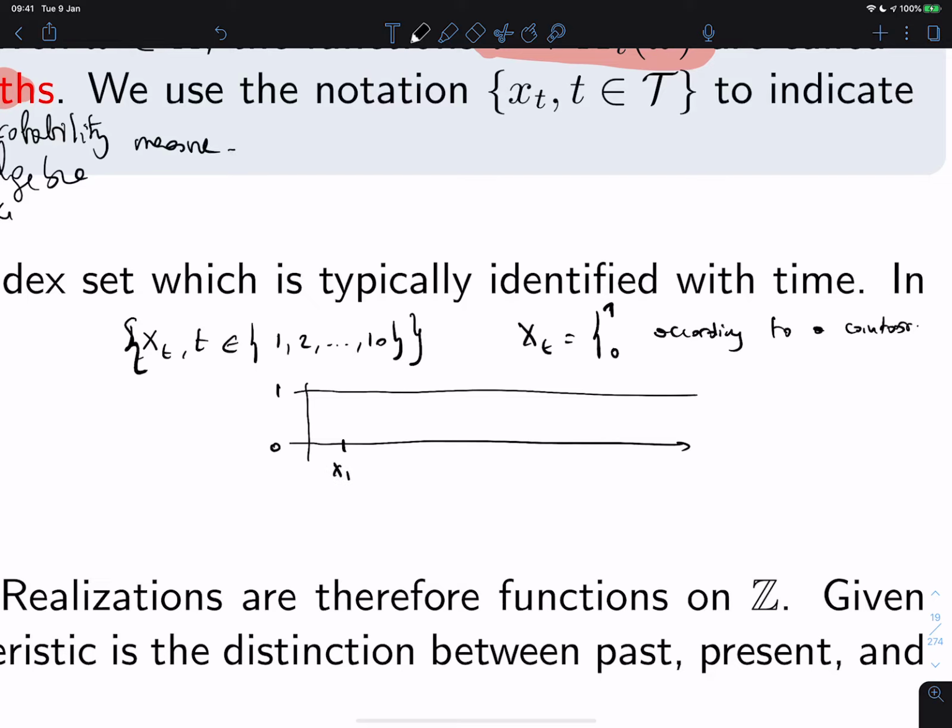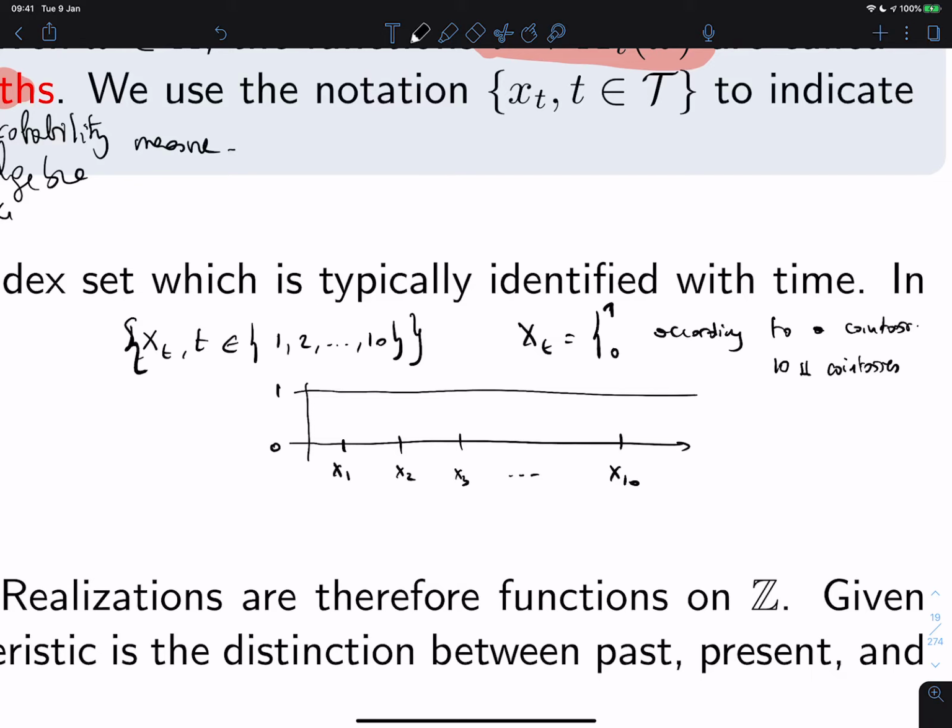So we have x1, x2, x3, x4 up to x10. Each of these can take the value 1 or 0 according to a coin toss. We imagine that we have 10 coin tosses, which we take to be independent.